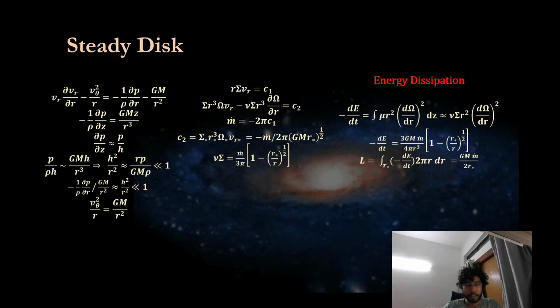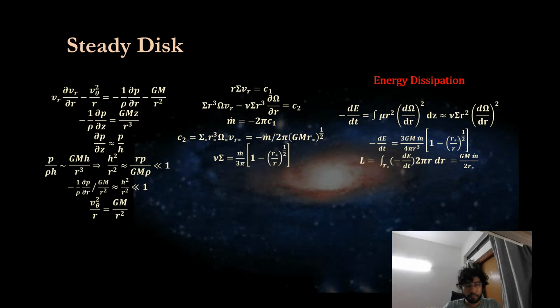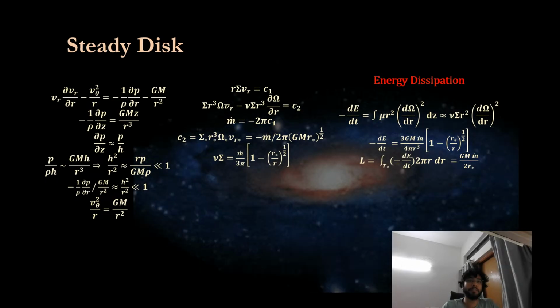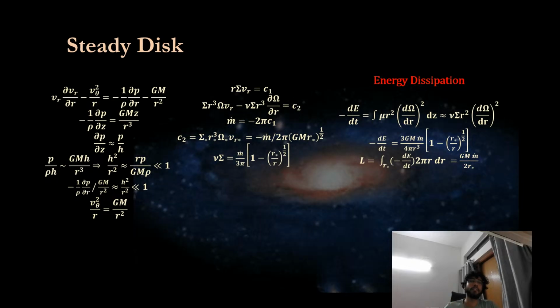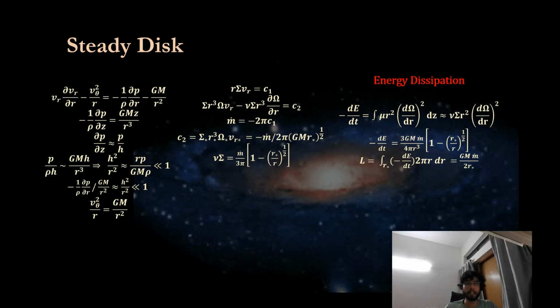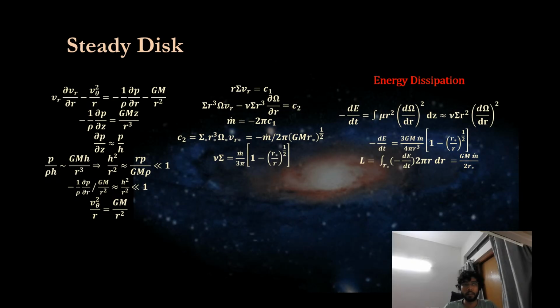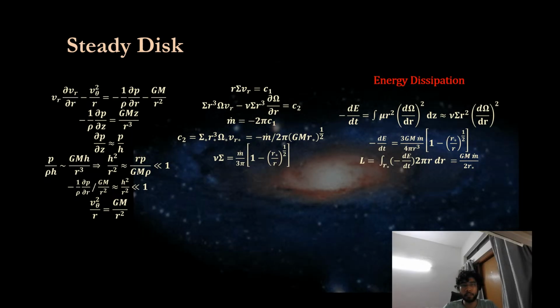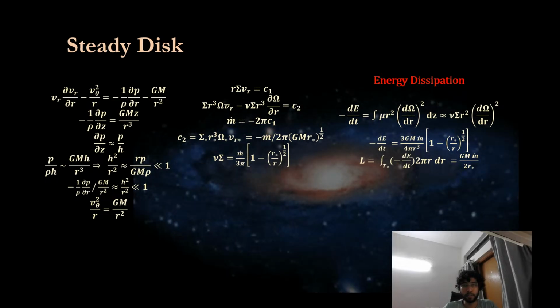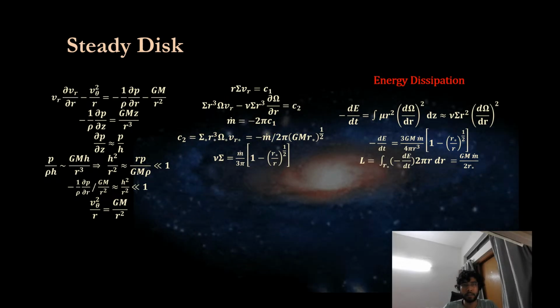And if you see that, we are neglecting the viscous term over here, and there is a physical reason behind it. The reason is that these disks, as I said, were Keplerian disks, or thin disks. So the matter is almost in a Keplerian orbit. In the radial direction, there is not much viscosity.